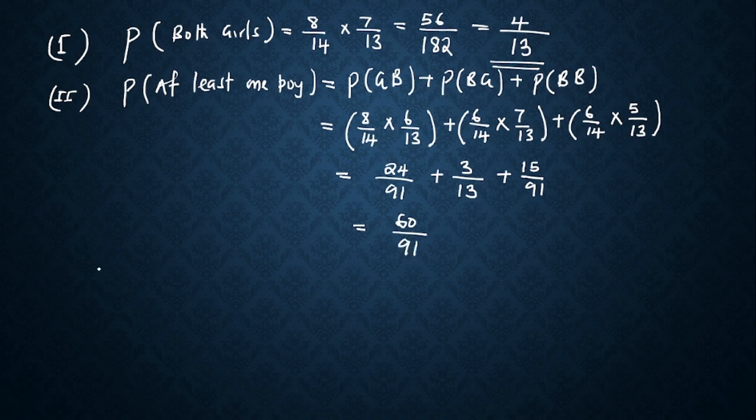So therefore we can say that the probability of at least one boy is equal to 60/91.